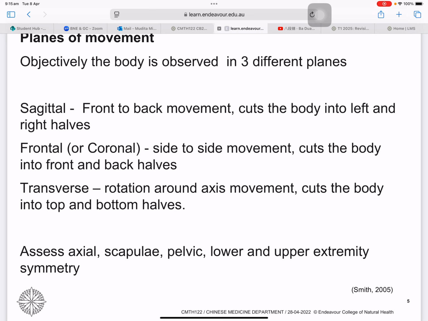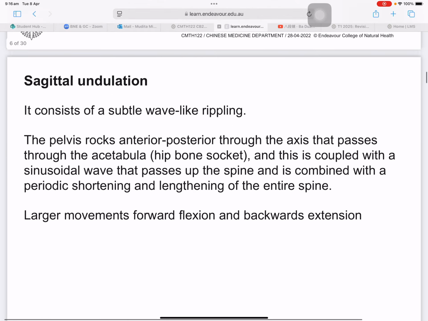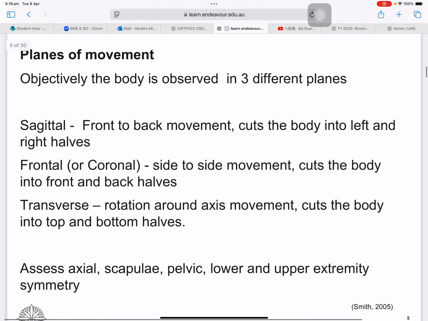This is a concept. This is not too important in TCM, but these planes of movement are quite important in physio and chiropractic, because chiropractors need to use their hands to adjust your joints or bones.